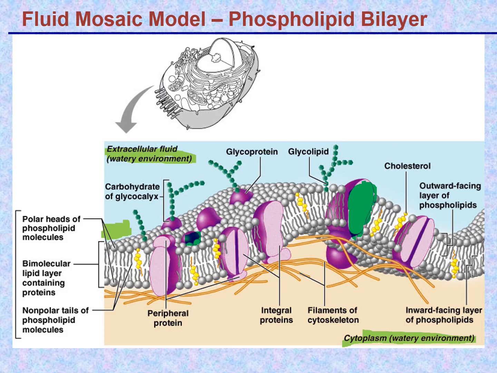Sometimes they're only associated with the membrane on the inner side, and sometimes they can be associated on the outside. These are called peripheral proteins, okay? Because they're not embedded in the membrane, they are associated with it.